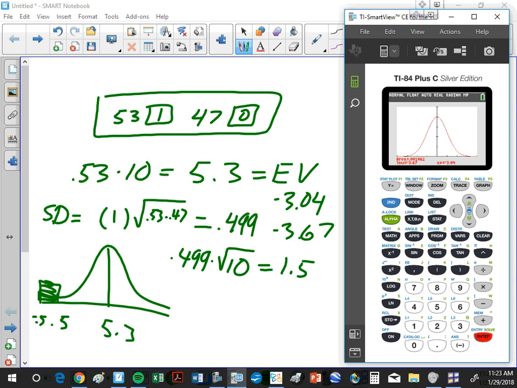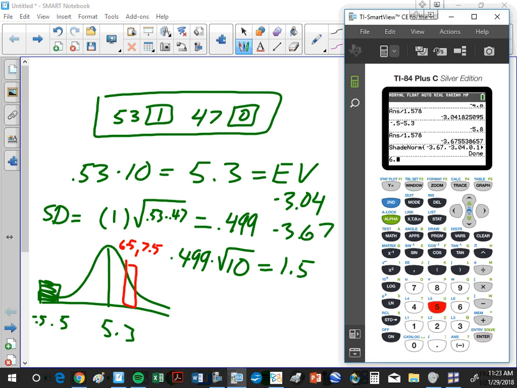Okay. So C, what is the chance he makes exactly 7? How are we going to calculate exactly 7? It's going to be this column right here from 6.5 to 7.5. So 6.5 minus 5.3, and we divide that by 1.578.